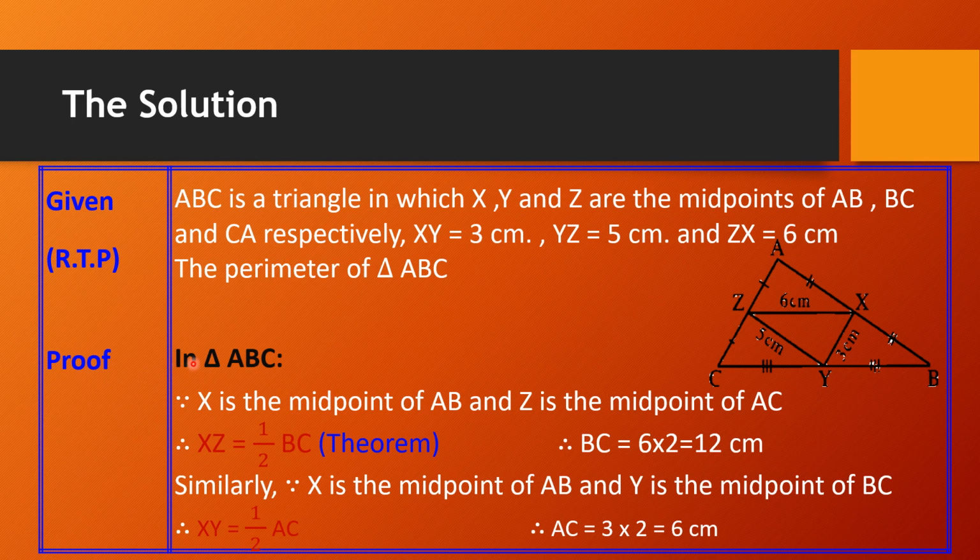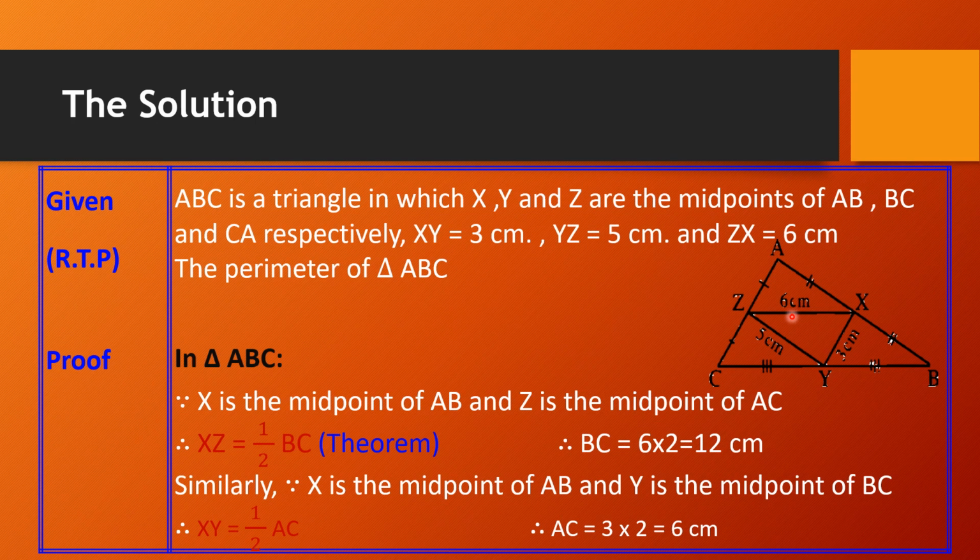The proof. In the triangle ABC, since X is a midpoint of AB and Z is a midpoint of AC, then XZ equal half BC, then BC equal 2 times 6 equal 12 centimeters.